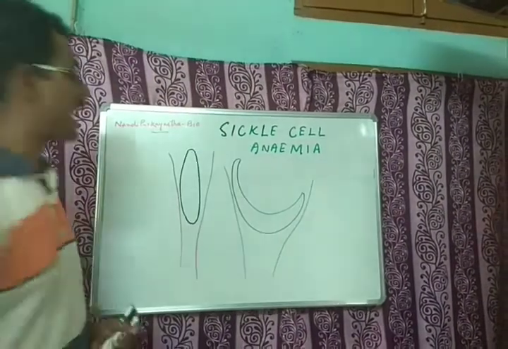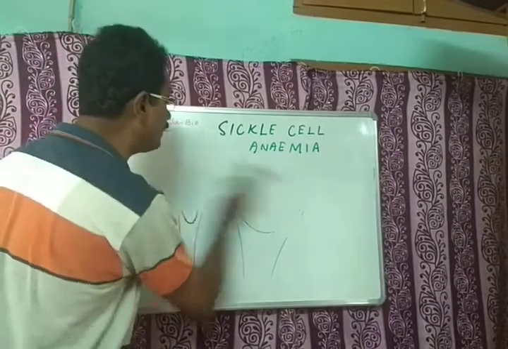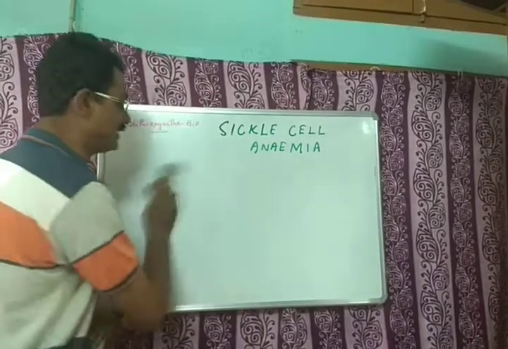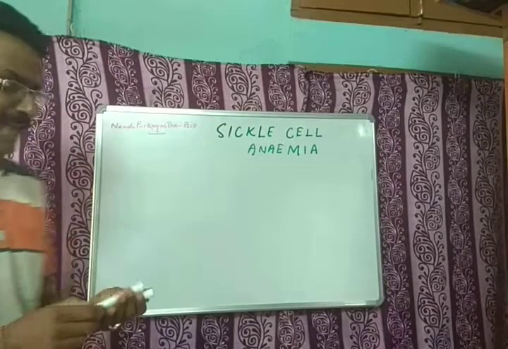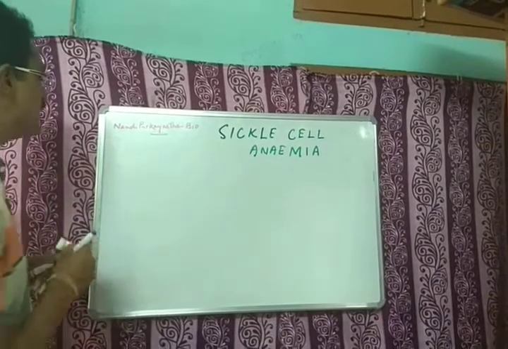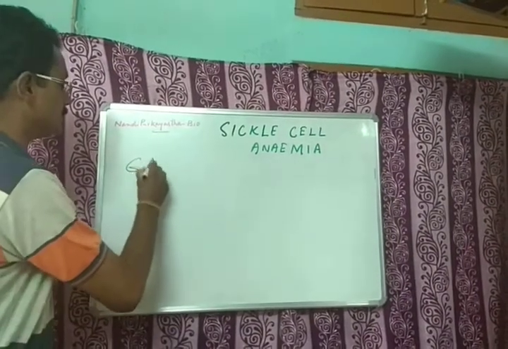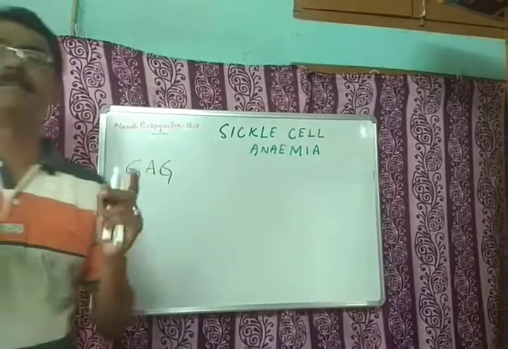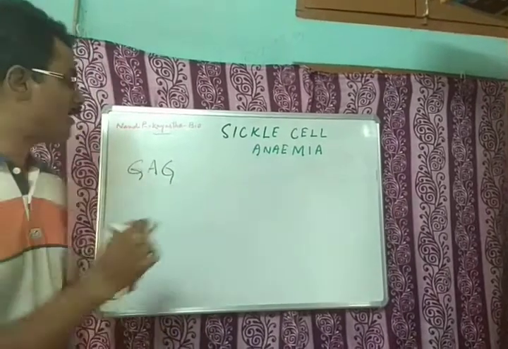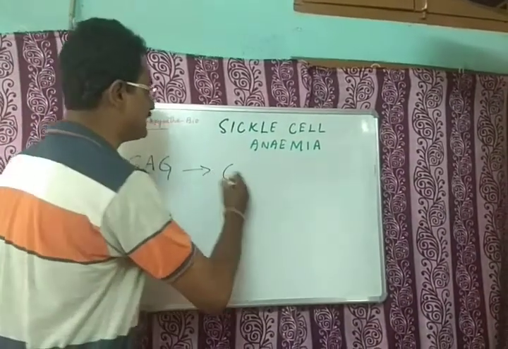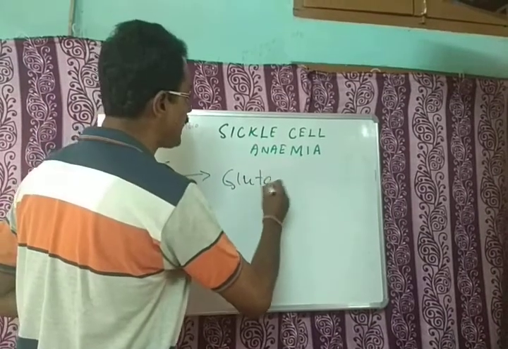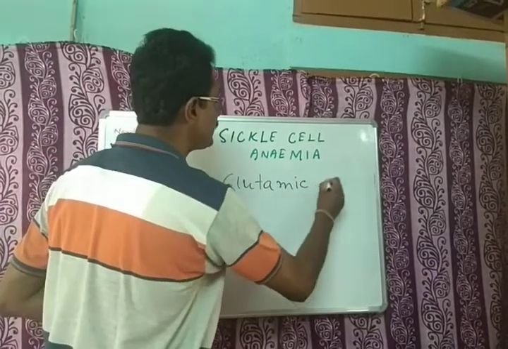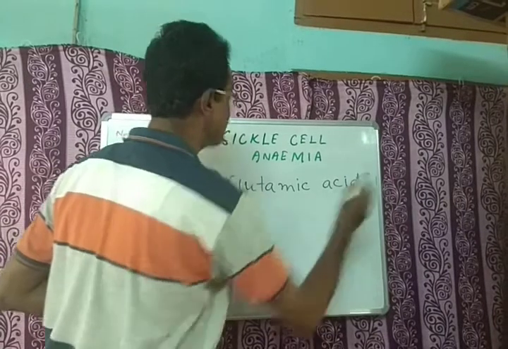Now, how does that happen? We'll go to the triplets. First of all, GAG is a triplet which helps in the formation of glutamic acid.